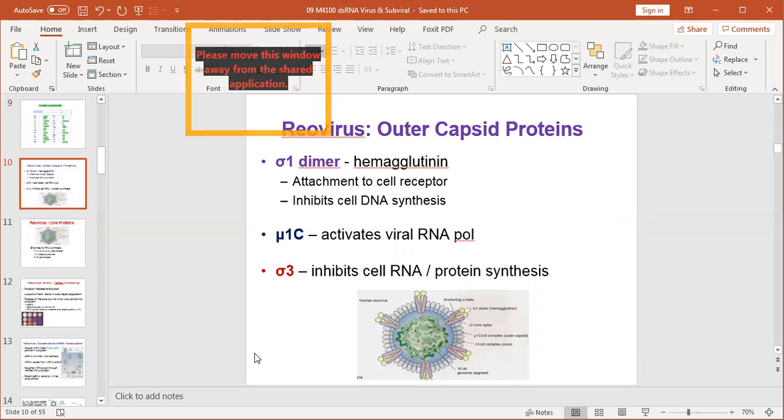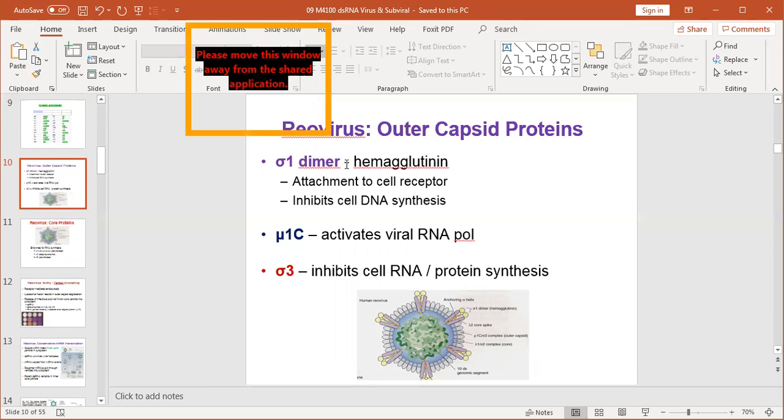The reovirus outer capsid protein, as shown on slide number 10, is made up of 3 types of proteins. These are sigma 1 dimer, mu 1C, and sigma 3.